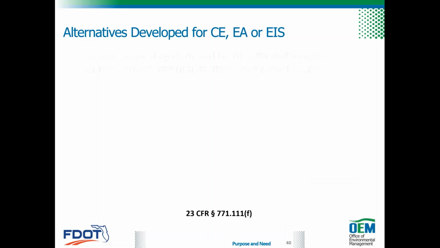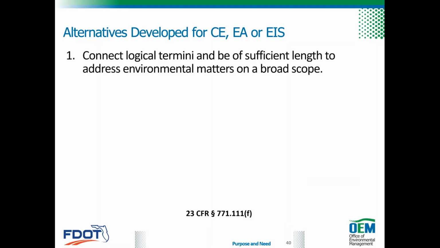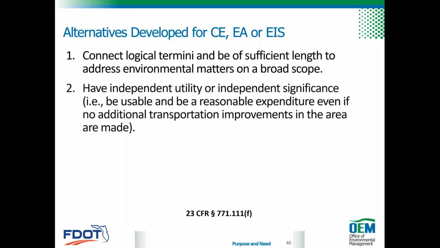So for the alternatives developed for CEs, EAs, or EIS, these must include these three important aspects. So first, they must connect logical termini and be of sufficient length to address environmental matters on a broad scope. They also should have independent utility or independent significance.